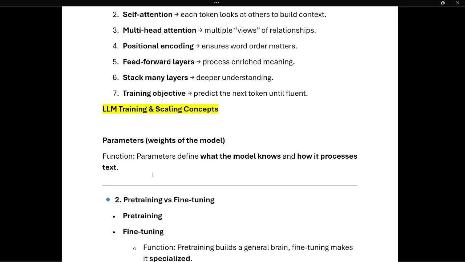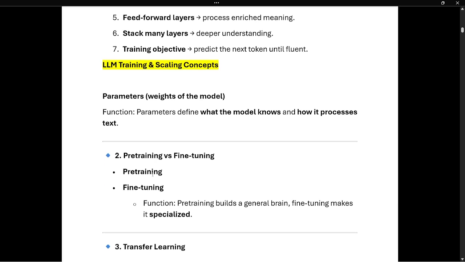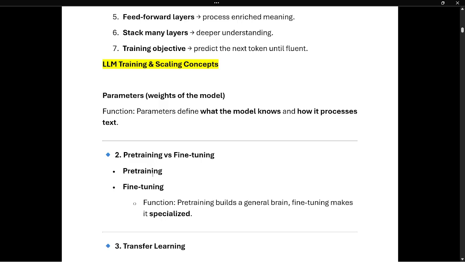Now the next concept for an LLM is pre-training versus fine-tuning. Pre-training means training on a massive amount of generic data, like the internet, textbooks, Wikipedia and everything. The objective is to predict the next word. What is fine-tuning? The model is already pre-trained, but it is trained further on a smaller, specific dataset, a subset of data.